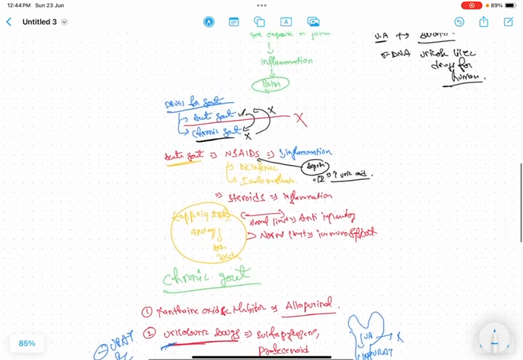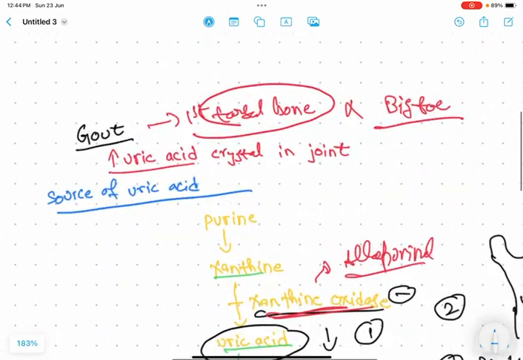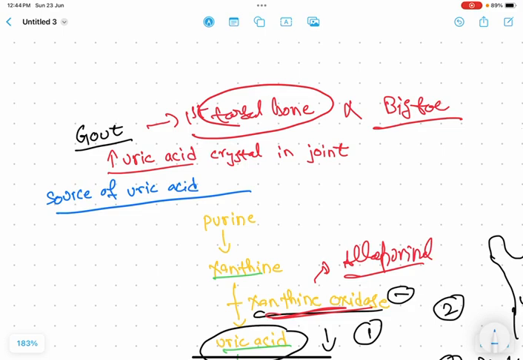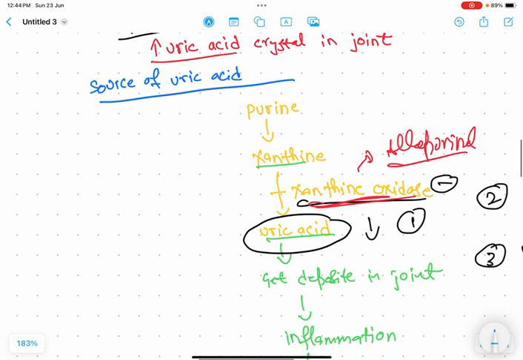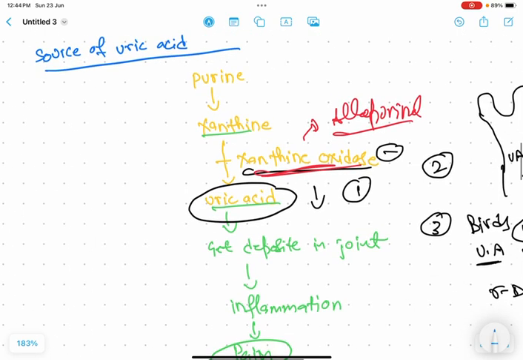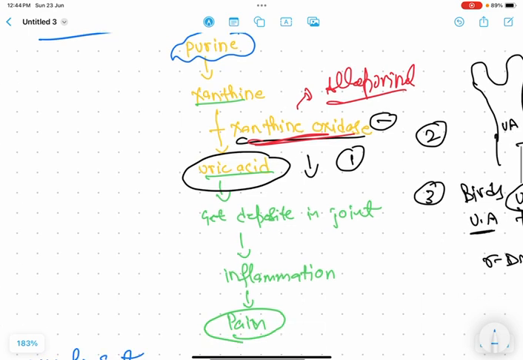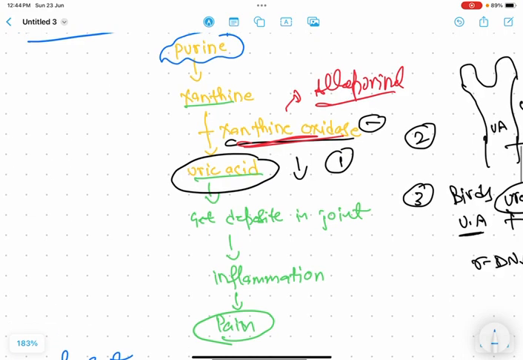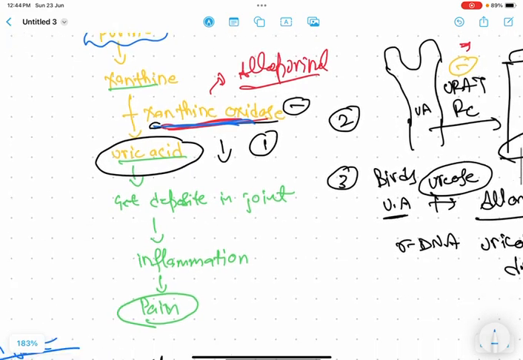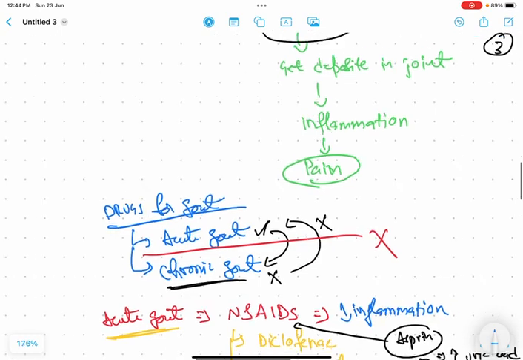So this was about gout. Gout is an increase in uric acid crystals in the joint, the big toe. The source of uric acid is purine. This is the main thing: purine gets converted to xanthine, then to uric acid, and it causes pain. The enzyme is xanthine oxidase. There are two types of gout, acute and chronic.